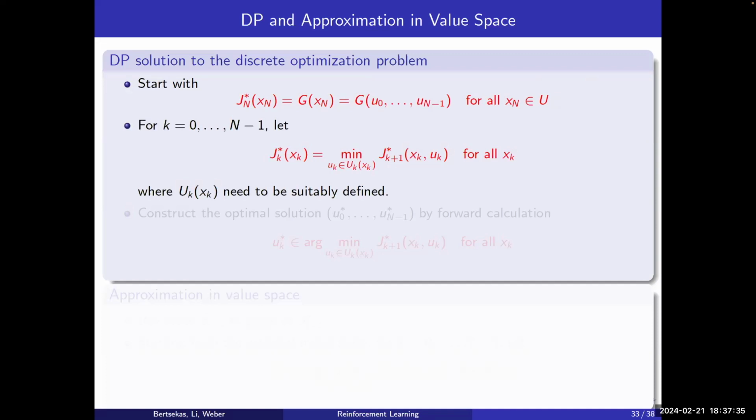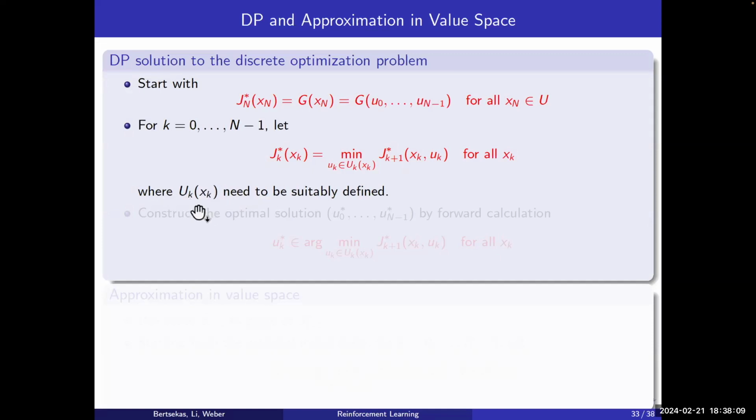And for k from 0 to n minus 1, we perform the standard dynamic programming calculation by minimizing over all the available controls at a particular state. Typically we see a stage cost and the optimal cost of future stages, but now the stage cost term is gone because, as I mentioned earlier, the intermediate stage costs are 0.